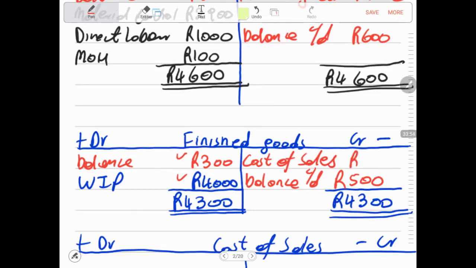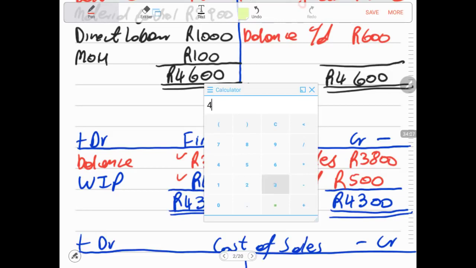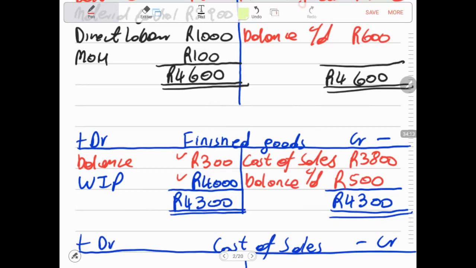Therefore now our cost of sales will be 4,300 minus 500. Therefore now this will give us an amount of 3,800 rands. Just confirm that 4,300 minus 500 will give us 3,800. So meaning out of the inventory that was available for sales, inventory costing 3,800 was sold.